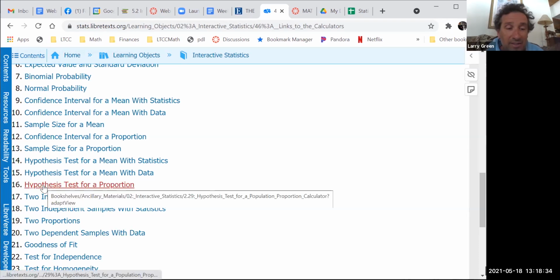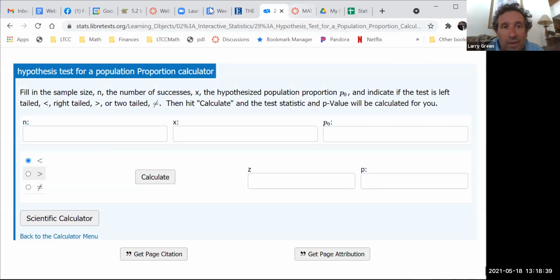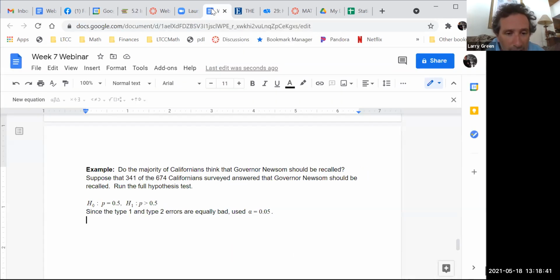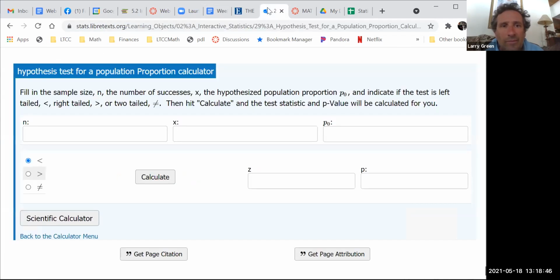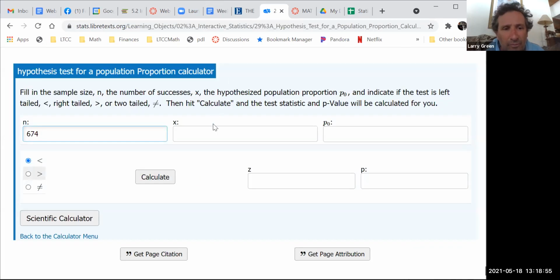And it's a hypothesis test. So it's a hypothesis test for proportion. Okay, and then N was 674. Our X was 341. Our P naught was 0.5. That was that majority idea. Here we have a greater than. That's a right-tailed test.